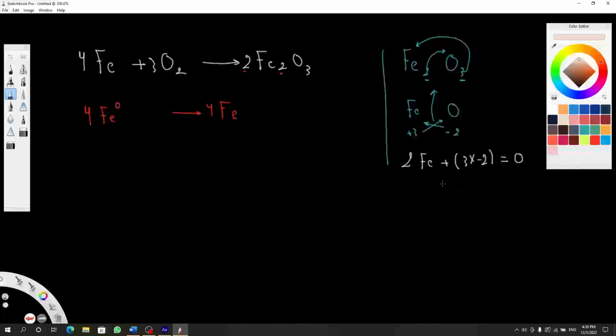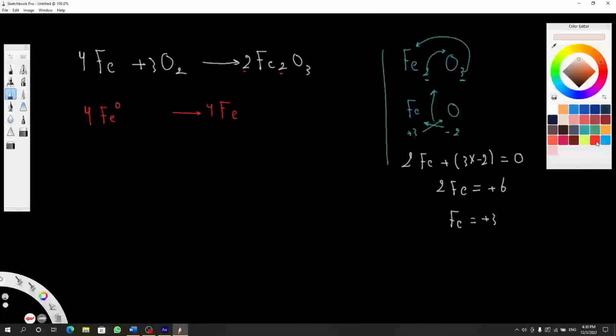From here, 2 Fe will be equal to +6. 3 multiplied by -2 is -6. -6, you send it to the other side with a different sign, so that's +6. Now the oxidation state for iron itself will be +6 divided by 2, which is +3.